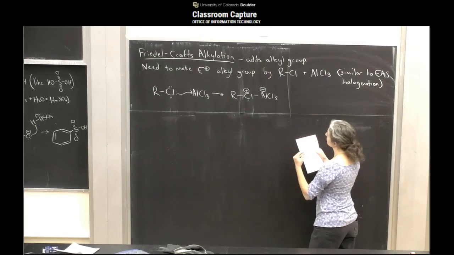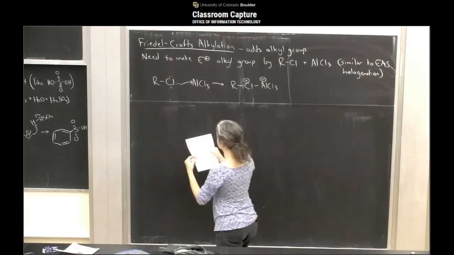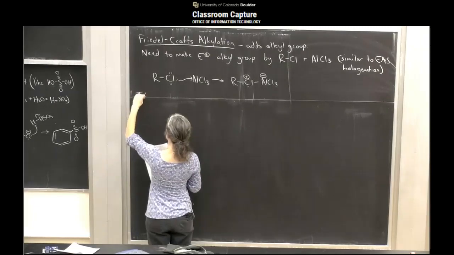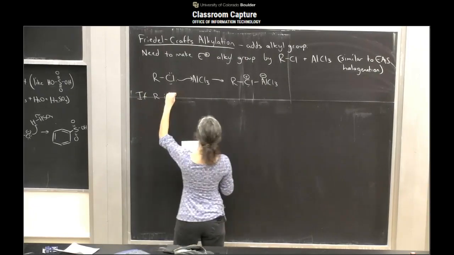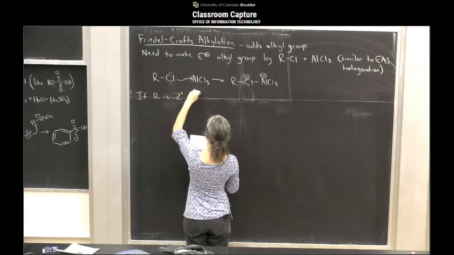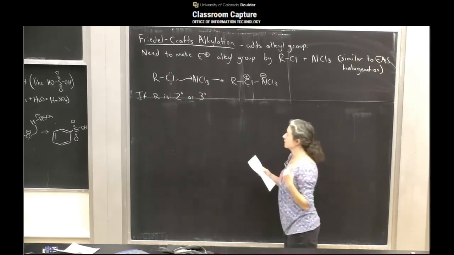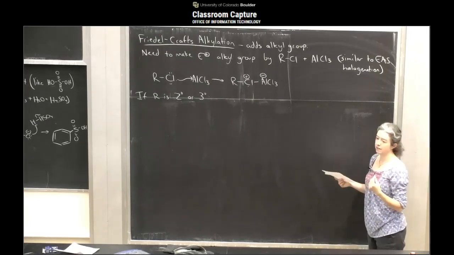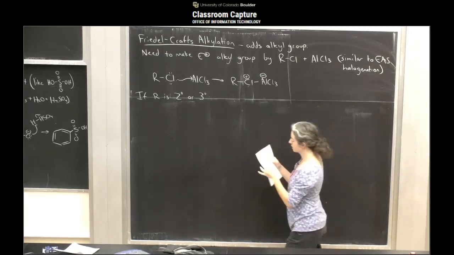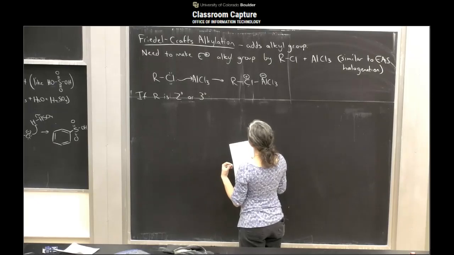So from here, I'm going to actually split it off. If R is secondary or tertiary, it's actually stable enough to sustain a carbocation, so it can just go ahead and kick the positive chlorine out of there entirely.